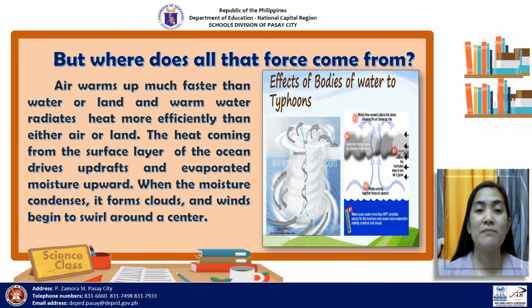Air warms up much faster than water or land, and warm water radiates heat more efficiently than either air or land. The heat coming from the surface layer of the ocean drives updrafts and evaporated moisture upward. When the moisture condenses, it forms clouds and winds begin to swirl around the center.